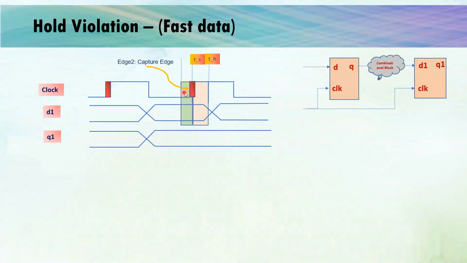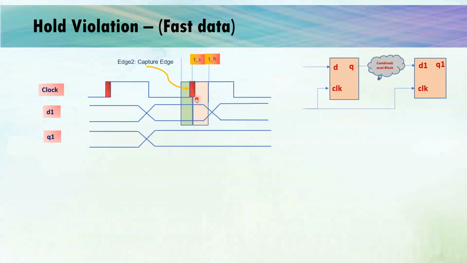If this is the clock edge at which we are doing the hold analysis of our particular capture flop, so we want to say that the data which is arriving at this D pin should be more than the hold requirement of this particular flop.